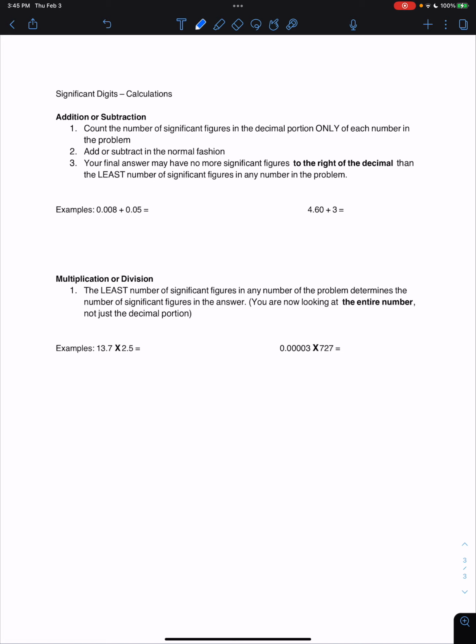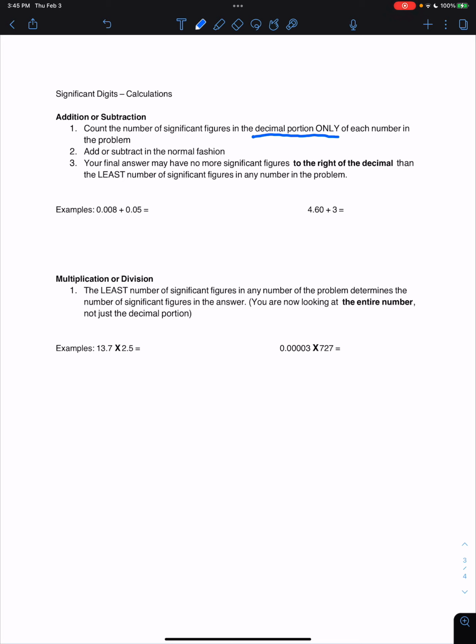When you're adding multiple numbers, the first thing you want to do is count the number of significant digits in the decimal portion only of each number in the problem. And then you add or subtract just like you would normally do.